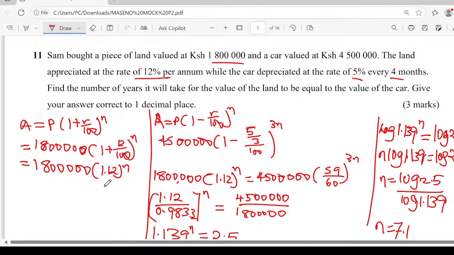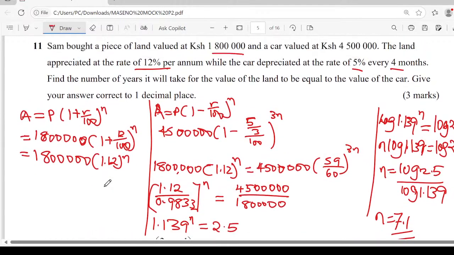There's something I feel is not syncing. Let's allow just a cross check on question number 11, because it seems I ignored the power here.